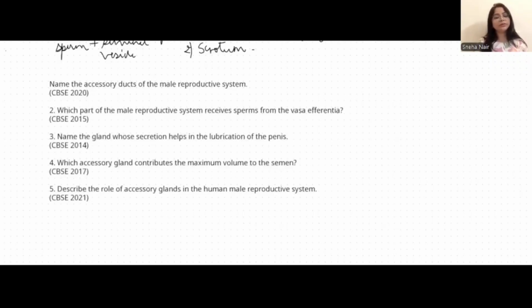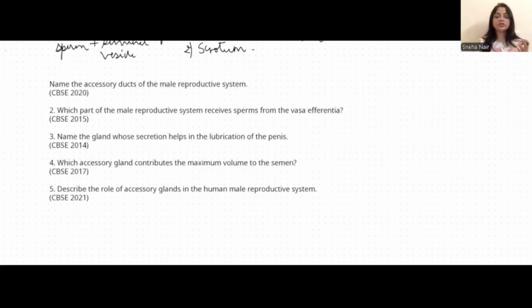Which part of the male reproductive system receives sperm from the vasa efferentia? So, the rete testis transfers sperms to the vasa efferentia, and from vasa efferentia, the sperm move to the epididymis.